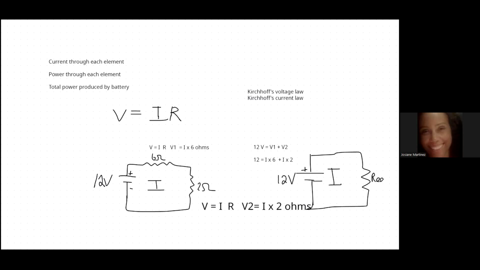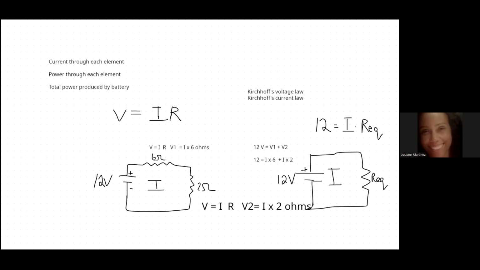Well, let me restate that. If I multiply the current times REQ, that should give me the total voltage of 12 volts. Same law, the conservation of energy here.